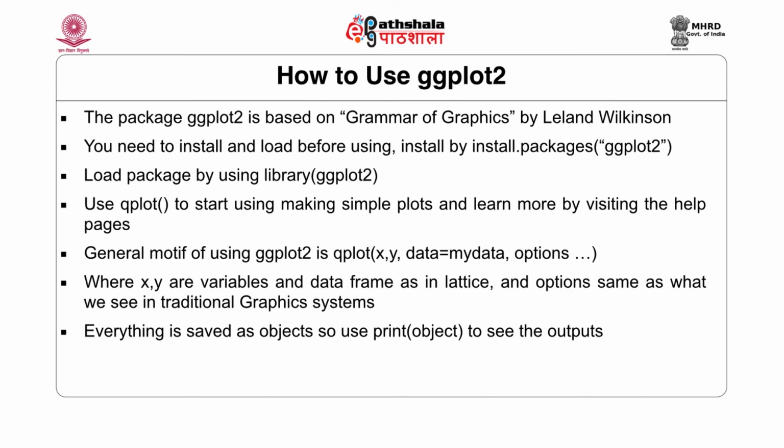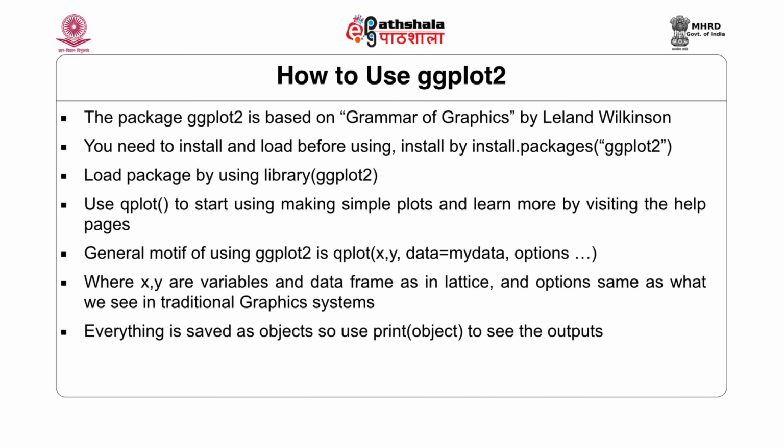The options are very similar to the options that you get to see in any of the high-level functions in the traditional graphics. And to repeat once more, exactly as in lattice, this is a grid-based system. Everything's saved, and so you can use a print object to see your graphs. Otherwise, you may not see any output at all. So don't be disappointed. These are all saved in the form of an object, and you print an object to see them.